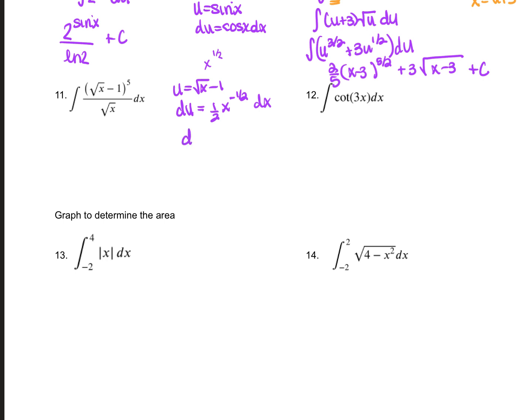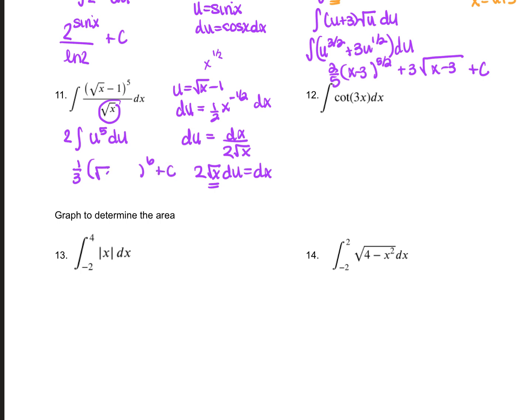So that's really du is equal to dx over 2 square root of x. So 2 square root of x du is equal to dx. So you can now see that this x is going to be on top. It's going to cancel this x out on the bottom, and I'm going to be left with 2 u to the 5th. And of course that goes up to the 6th power with a 1/6 out in front. And resubstitute.